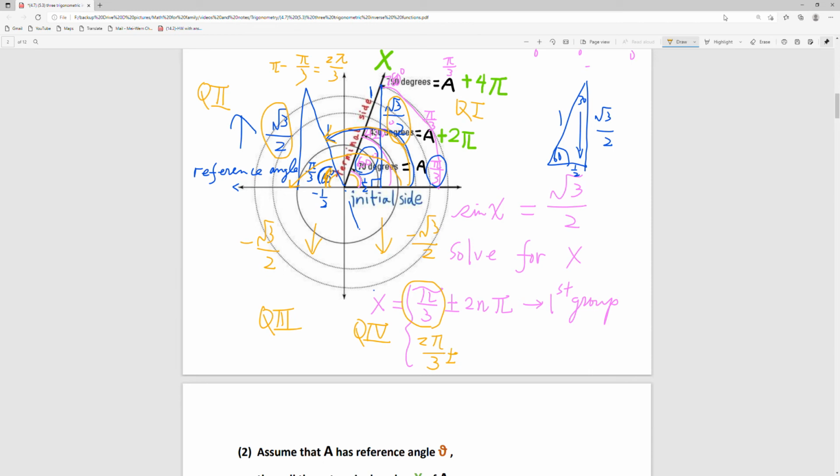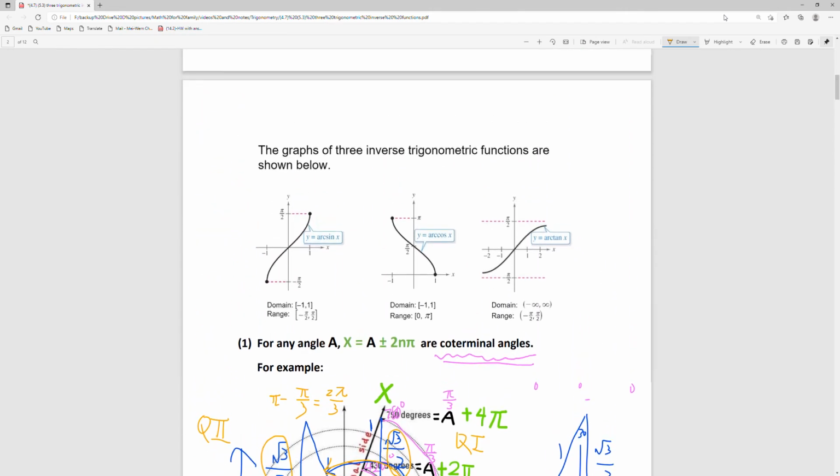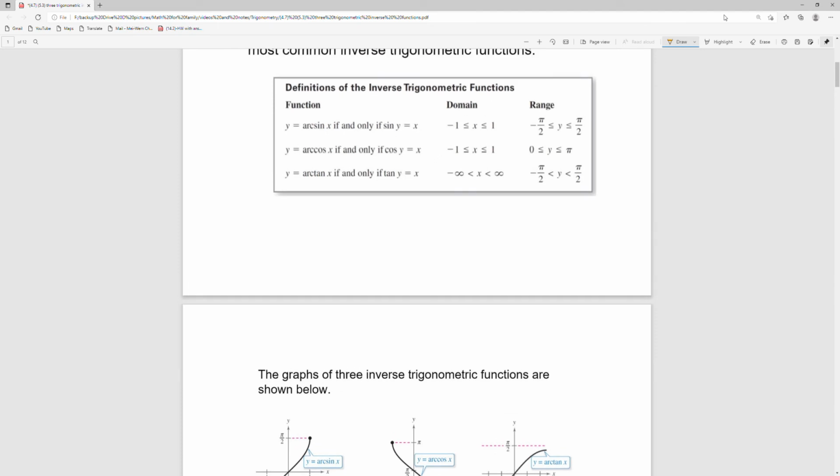So you need to find two groups of angles. These two groups of angles are not coterminal angles, but for each group you need to write down plus minus 2n pi to have coterminal angles. So right now, if you feel it's hard, that's okay. I just roughly introduce the concept of the coterminal angle to you, to tell you why our answer needs to have 2n pi.